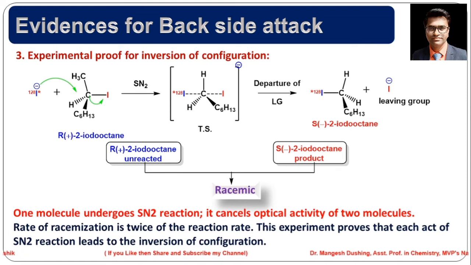So the rate of racemization is twice the reaction rate. This experiment proves that each act of SN2 reaction leads to inversion of configuration. So formation of a racemic mixture clearly indicates that the nucleophile attacks from the back side and SN2 reaction leads to inversion of configuration.